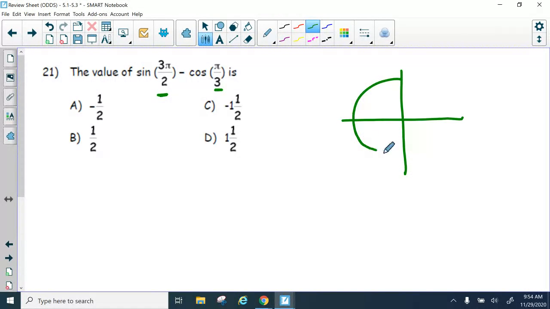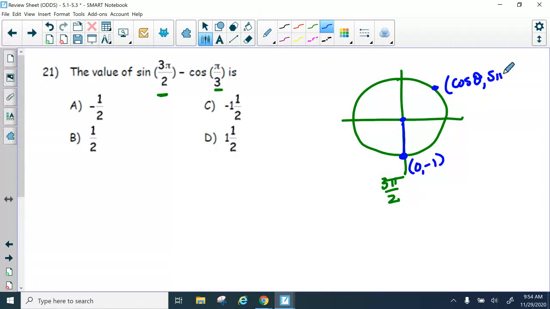You can create your unit circle, right, where 3 pi over 2 would be down here. The thing with the unit circle, well, there's two things. First of all, the radius is always 1, so I know that this point right here would be 0, negative 1. The other thing with the unit circle is that every point on the unit circle, cosine is the x value, sine is the y value.